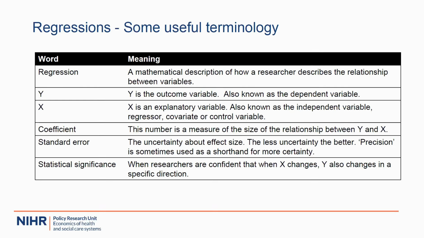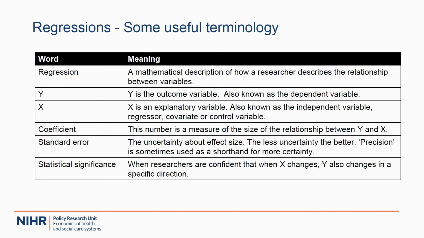So we've mentioned already regression and what that is: this mathematical description of how a researcher is attempting to answer a question. Y is the shorthand for an outcome. It might also be referred to as the dependent variable. We also have X. X is what can be referred to as an explanatory variable, or it might be called an independent variable, or a regressor, or a covariate, or a control variable.